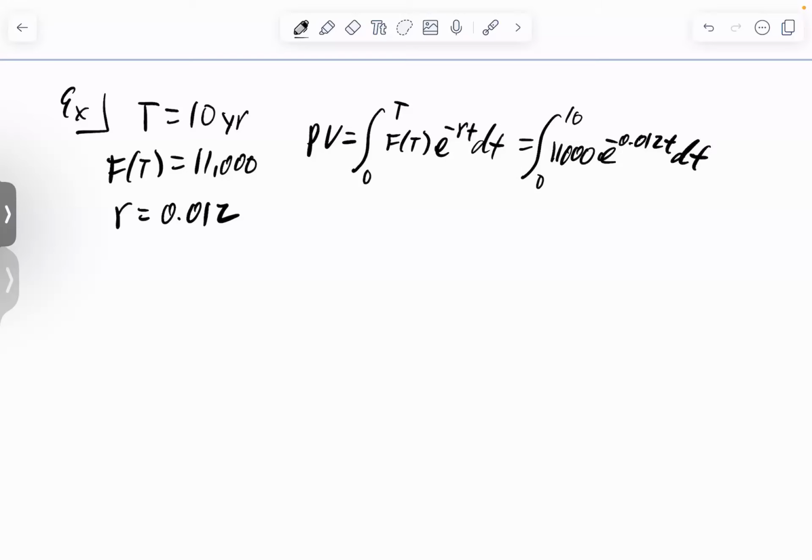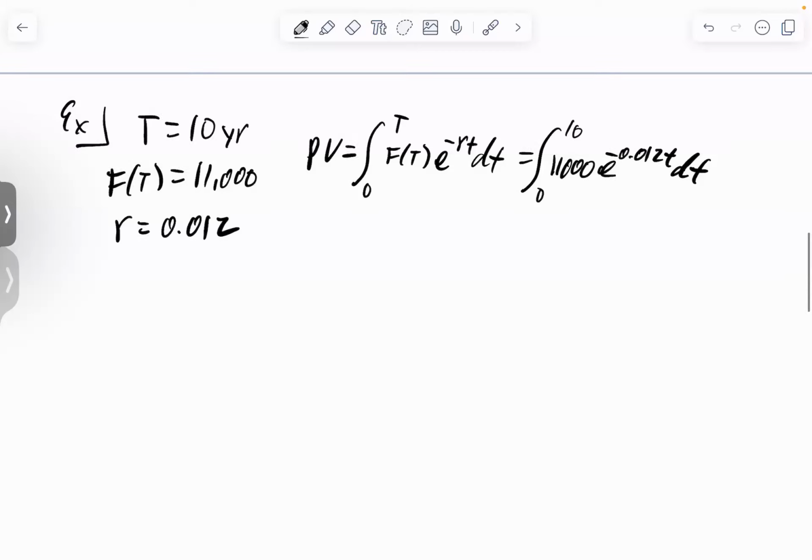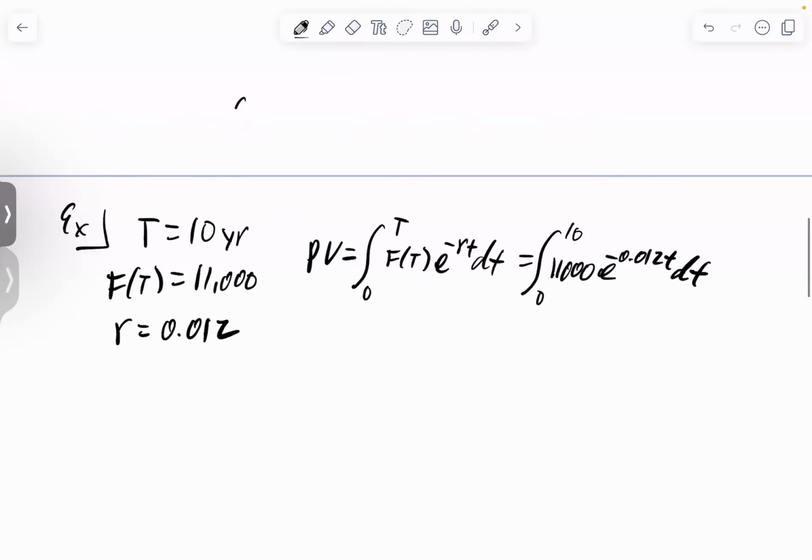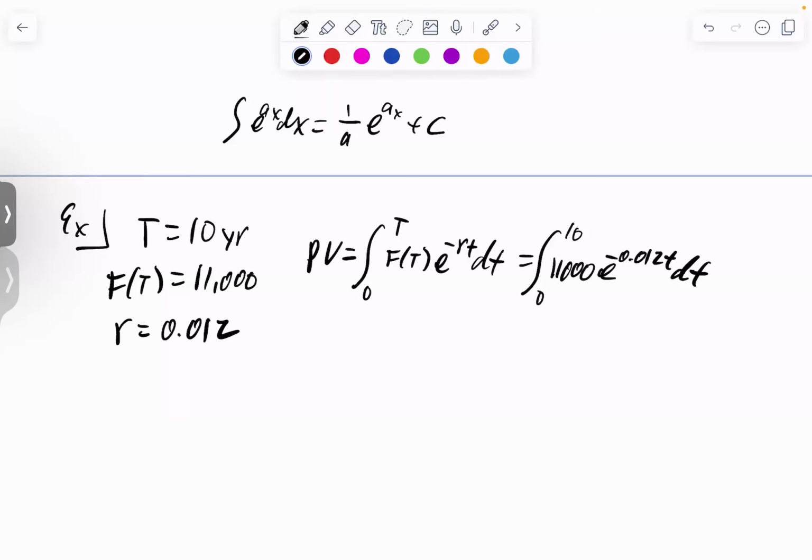And so here is our actual integral for our present value. Now, if you remember before, numerous times I've done this, when we have e to the ax power, we end up with 1 over a, e to the ax plus c. So we end up with that extra 1 over a. The plus c won't apply to what we're doing because we have a definite integral in this case. But we're going to end up with an extra 1 over negative 0.012 when we integrate this.